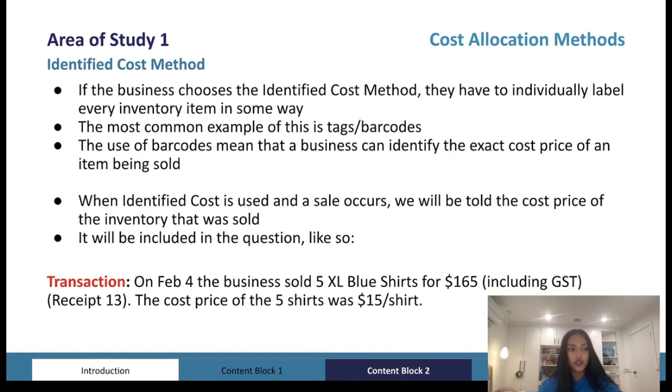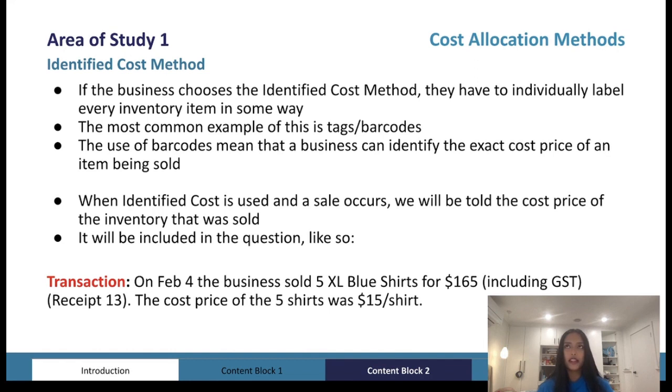If a business chooses identified cost, every single item that the business has on hand, so every single individual physical product that the business has in their store that they're intending to sell, must be labeled in some way that is identifiable.